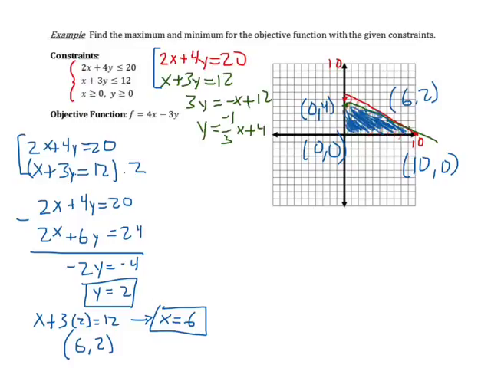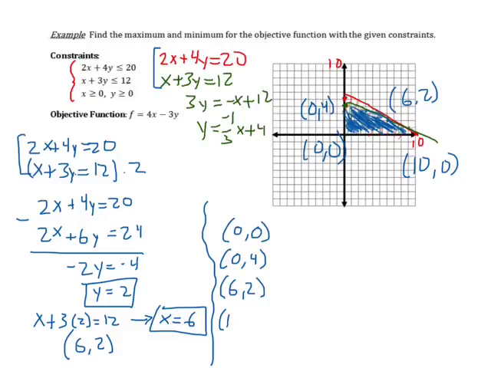So now what we need to do is test each of these points: (0, 0), (0, 4), (6, 2), and (10, 0). We're going to test the value of f, our function, for each.